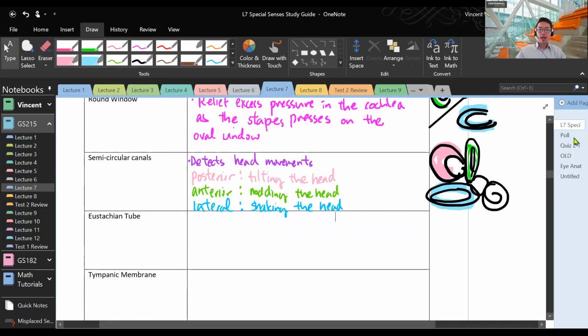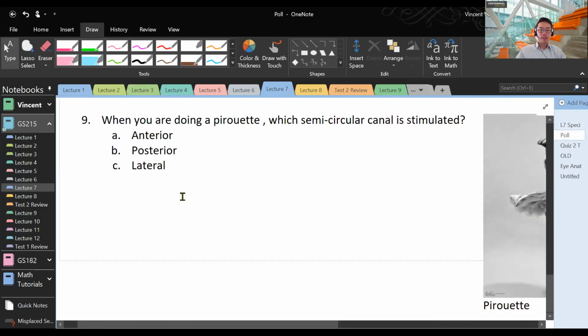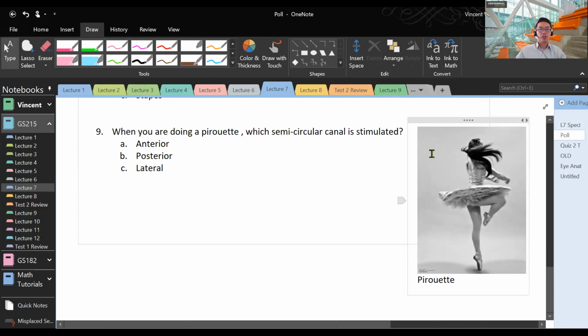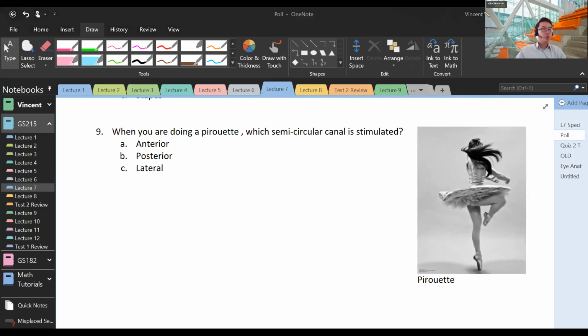So having said all that, let's see if you can do this one. When you're doing a pirouette, this is pirouette, those are ballet dancers. Which semicircular canal is going to be stimulated?